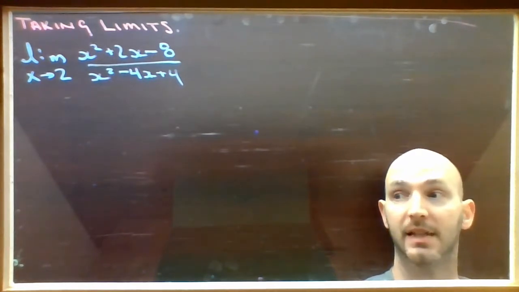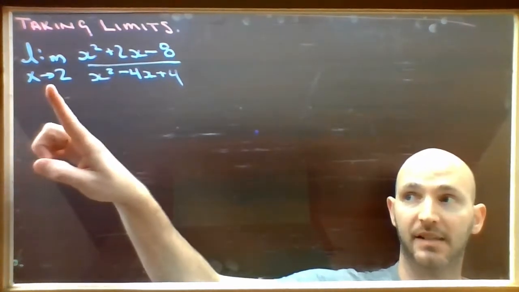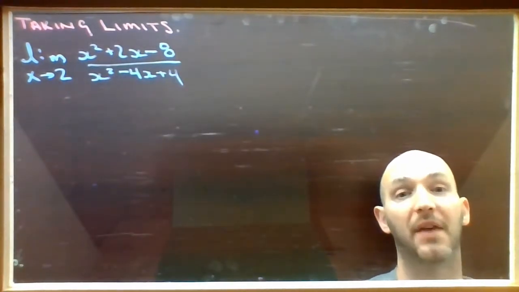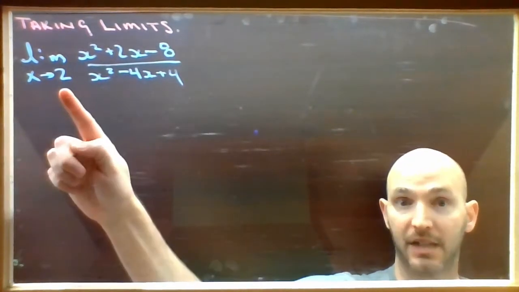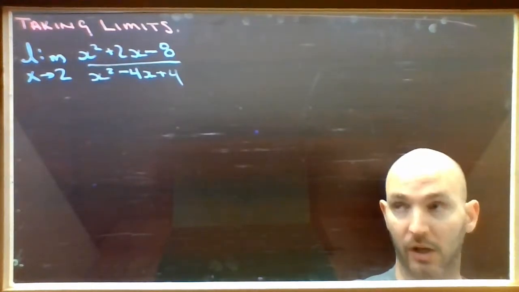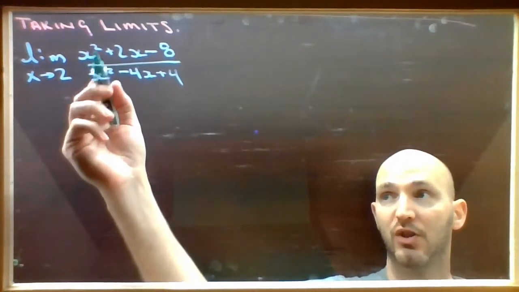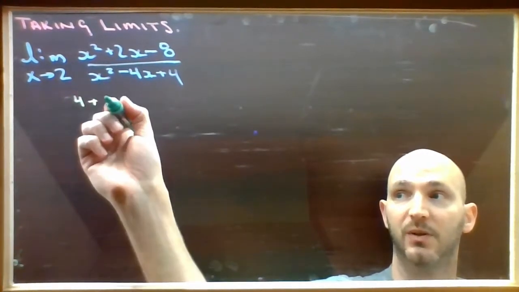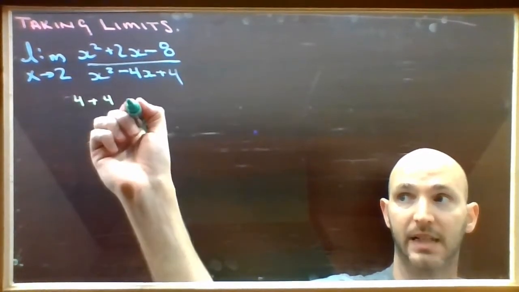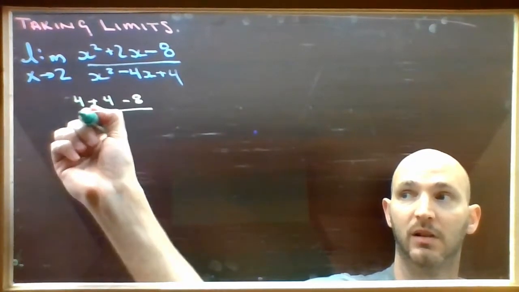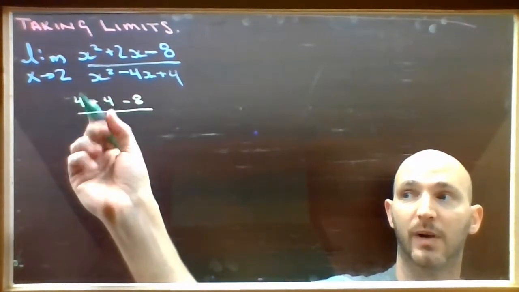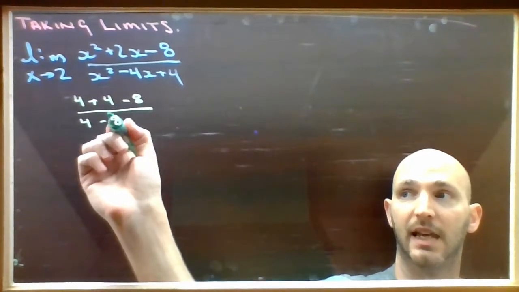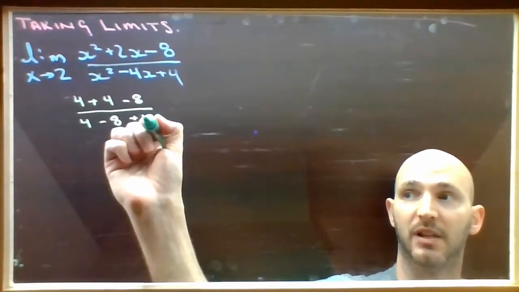Alright, so in this example, find the limit as x approaches 2 of this expression. So method 1 is always take the number, drop it in, see if it works. So I'm going to do 2 squared, which is 4, plus 2 times 2, which is 4, minus 8, over 2 squared is 4, 4 times 2 is 8, plus 4.